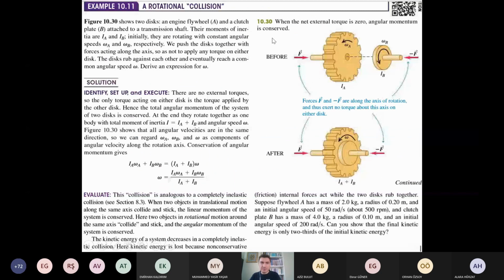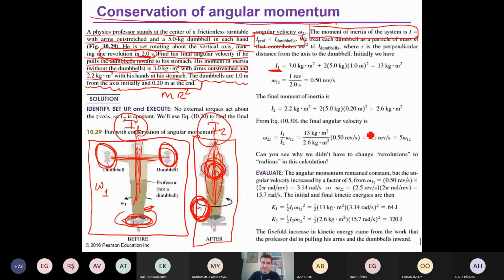This is the moment of inertia of the professor, which is given in the question for the first condition, plus the dumbbells. This is M, this is R, 2mr², because we have two dumbbells at the beginning. Then this is the initial moment of inertia of the system, professor plus dumbbells.